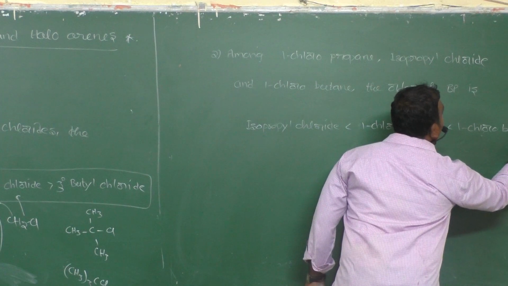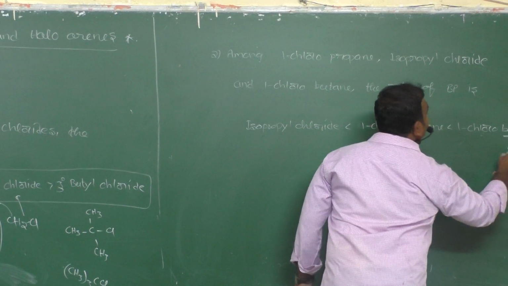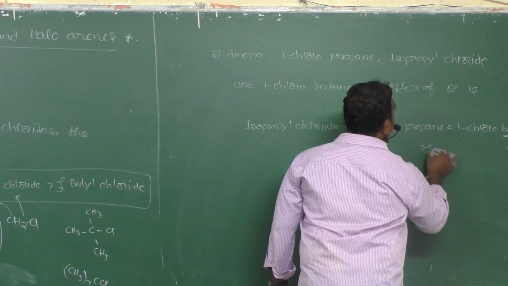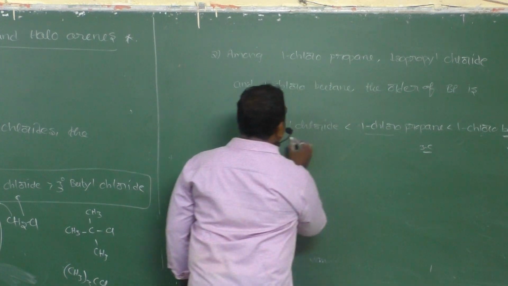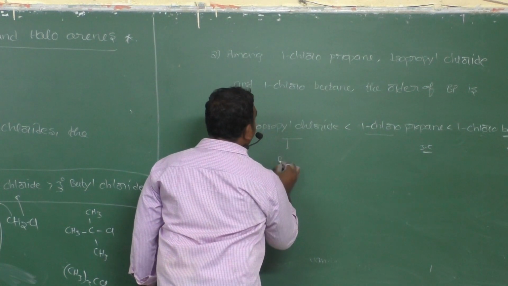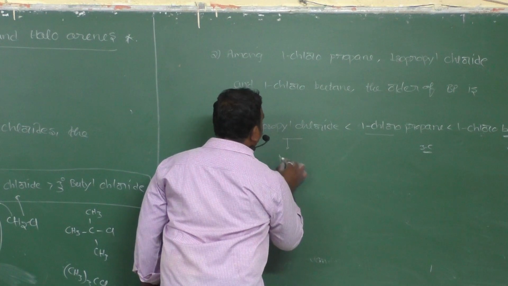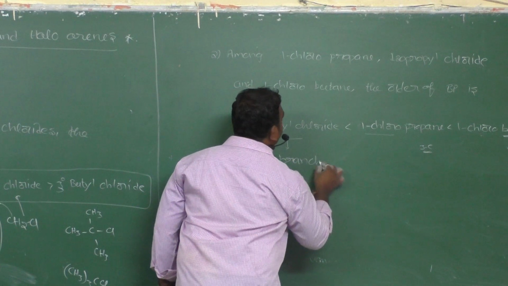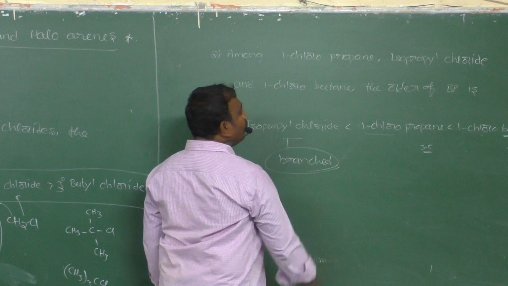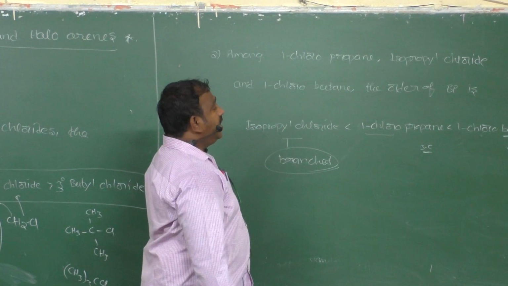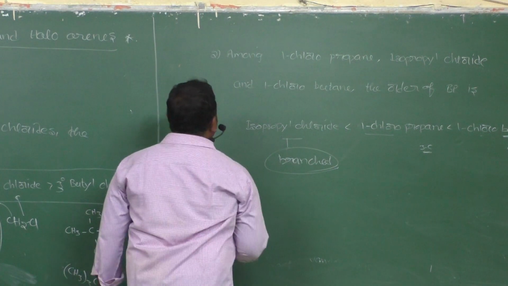Here, butane possesses 4 carbons and propane possesses 3 carbons. Between these two, isopropyl is a branched one. So, it possesses a lower boiling point than a normal alkyl halide.